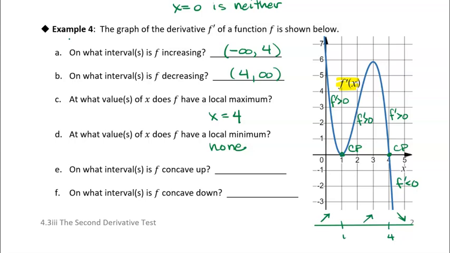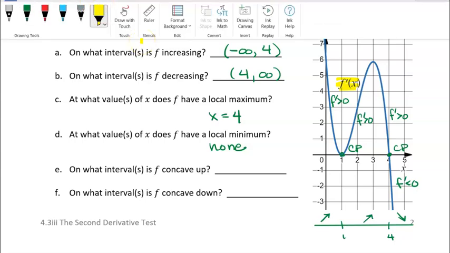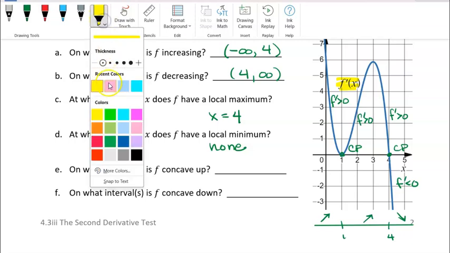Now it's asking about the concavity of the original function f. Because we have information about the derivative, the second derivative is going to be determined by the slope of the derivative. Let me go back to this highlighter here, and let's go to pink because I like that.